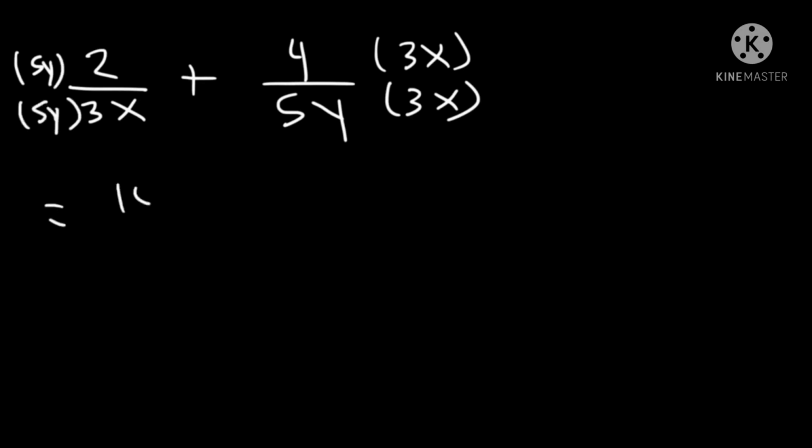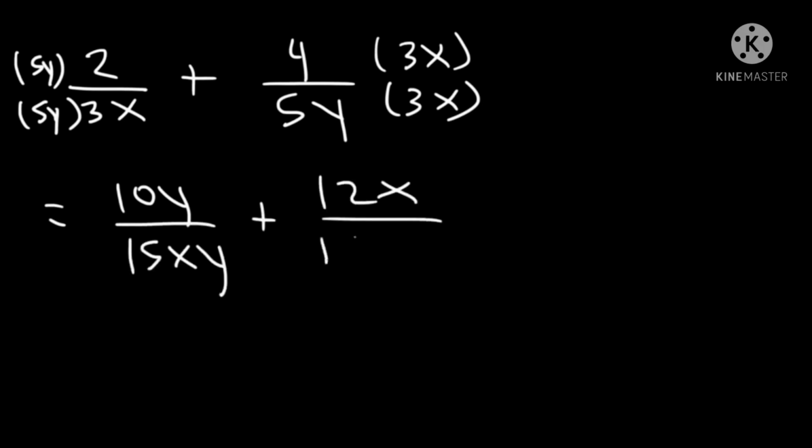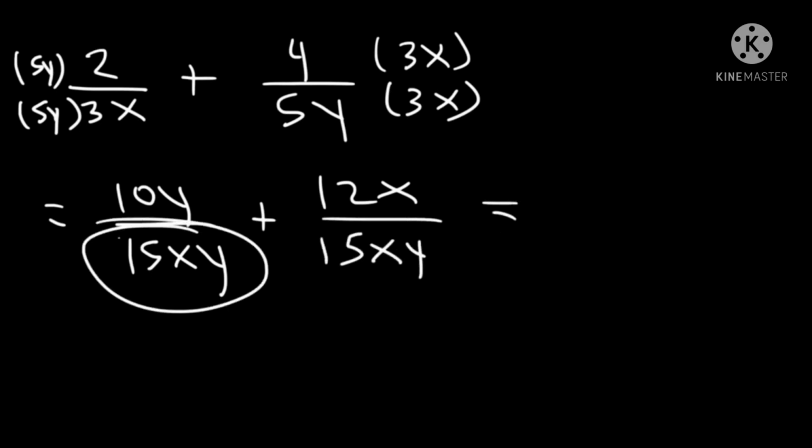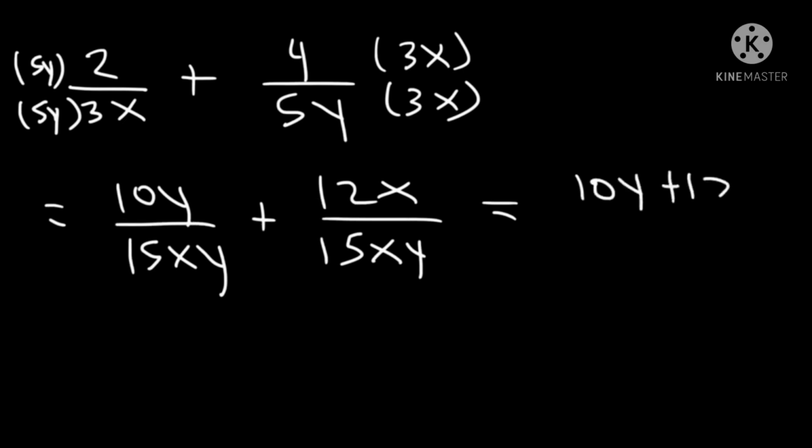So this will give me 10y over 15xy plus 12x over 15xy. Now, because I have a common denominator, I can combine it into a single fraction. So I can write it as 10y plus 12x divided by 15xy.